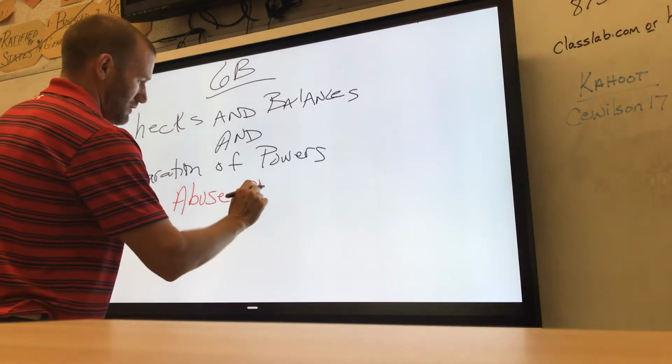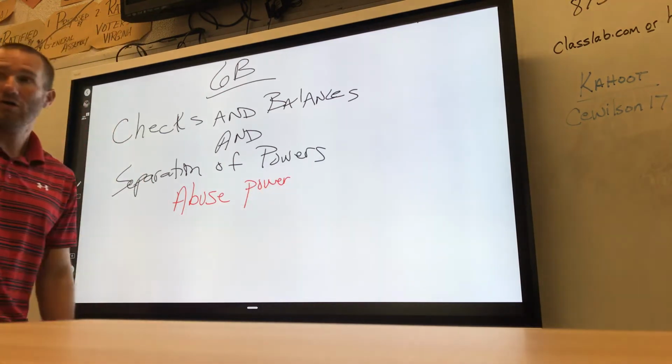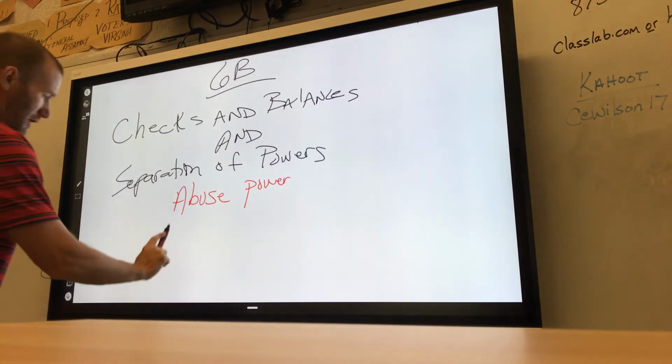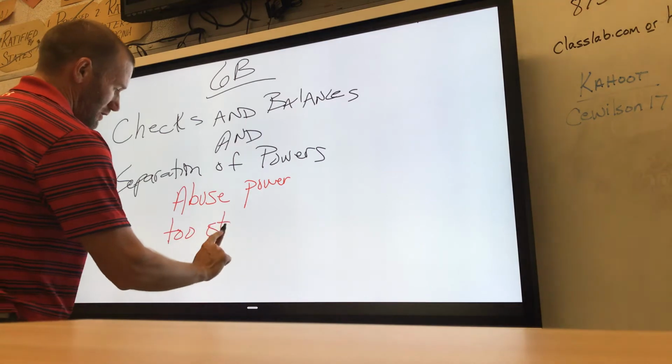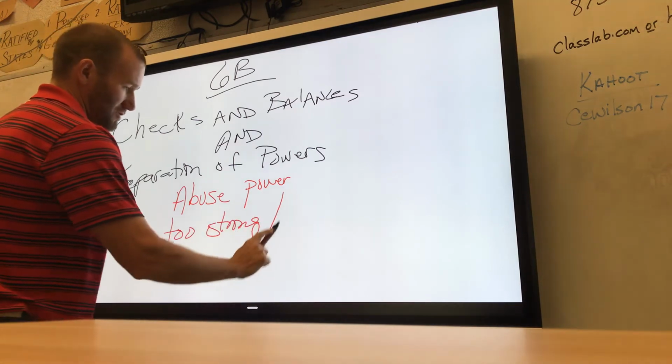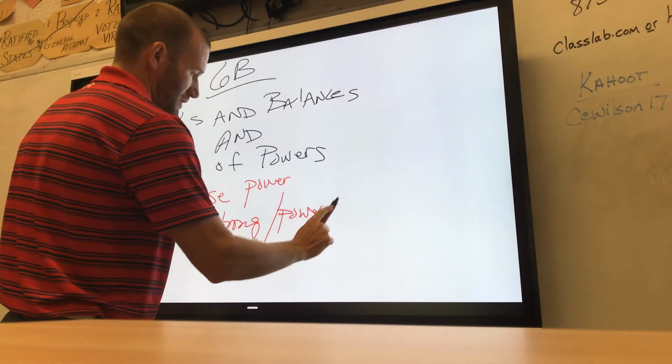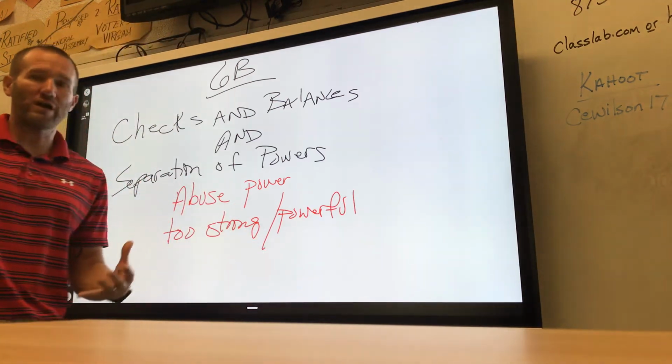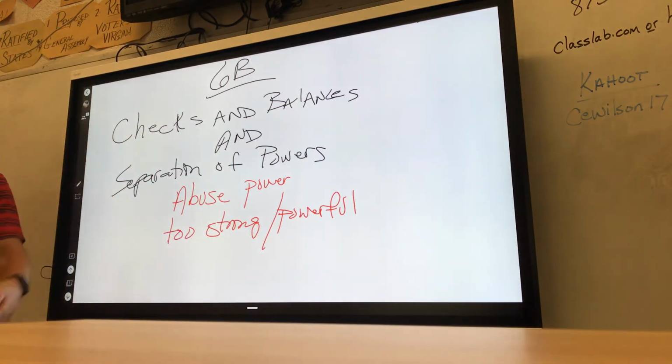I think in the study guide it says too powerful. We did not want any branches to become too strong or too powerful or abuse their power. So we gave each branch a way to limit the powers of one another.